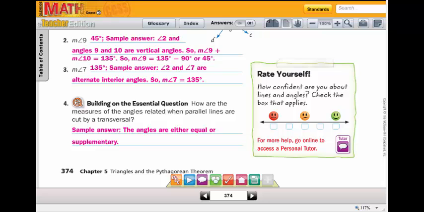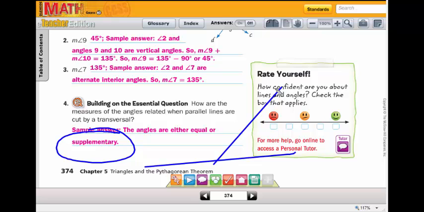That makes them equal in value. Or we could have supplementary angles where we've got a situation like this where we know that A plus B has to give us 180 degrees, a total of 180 degrees, a straight line.